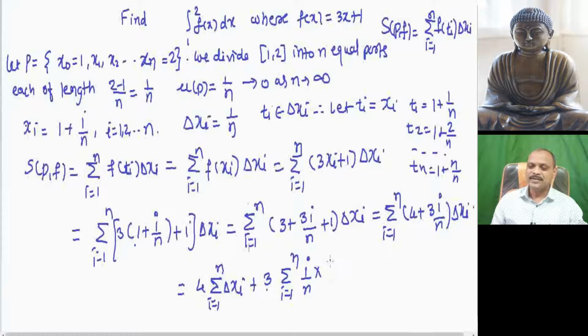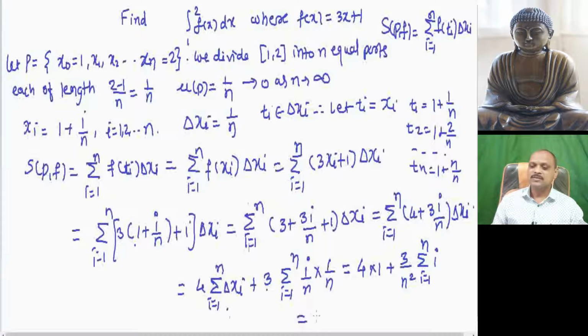length of delta xi, which is 1 divided by n. So we have substituted here 1 divided by n. You can see that for the 4, the total sum of delta xi is the total length of the interval, which is 1. For the other term you can take 3 divided by n square common, summation of i is equal to 1 to n.